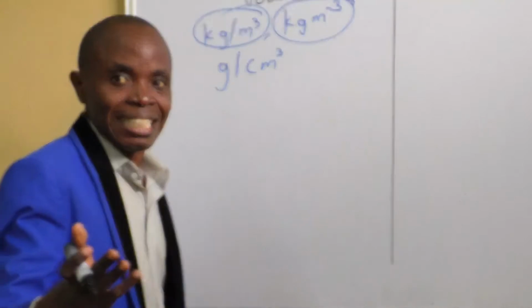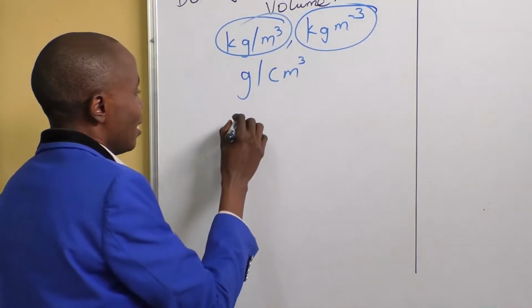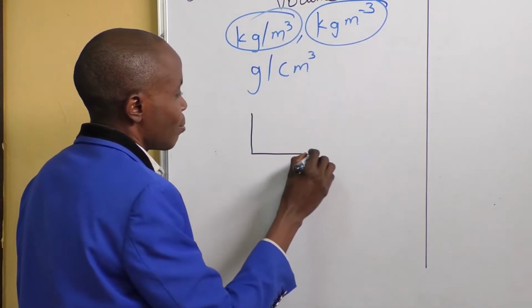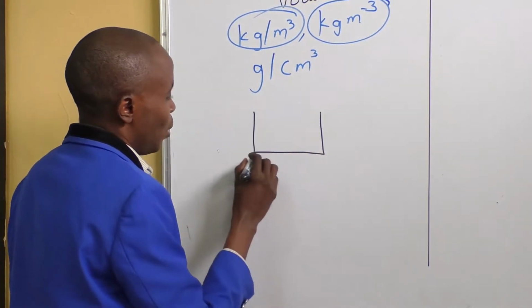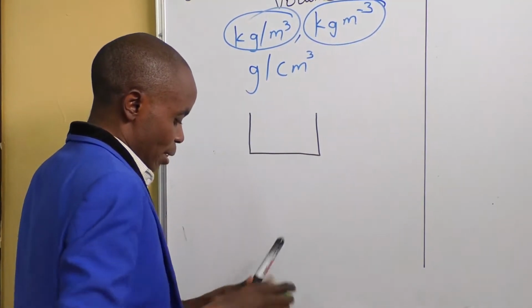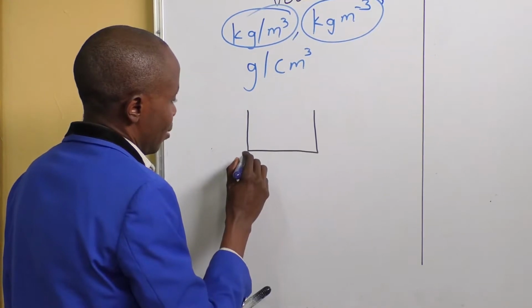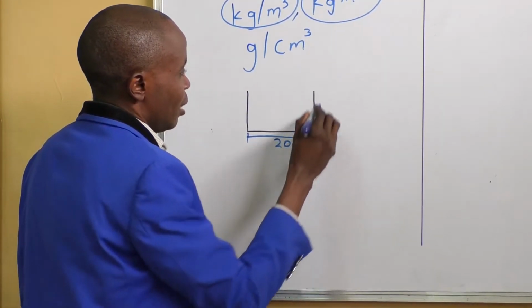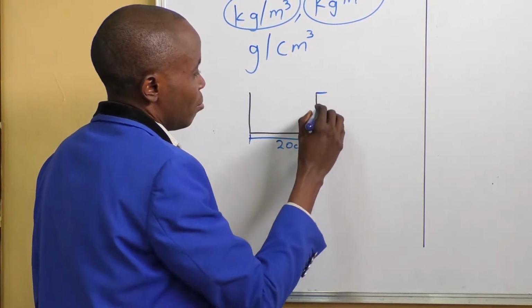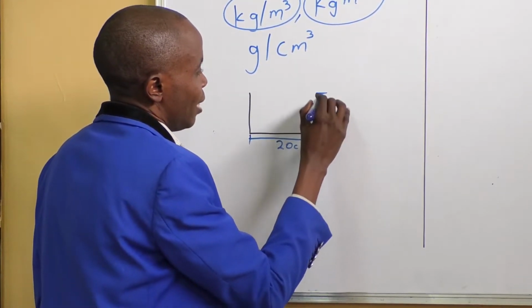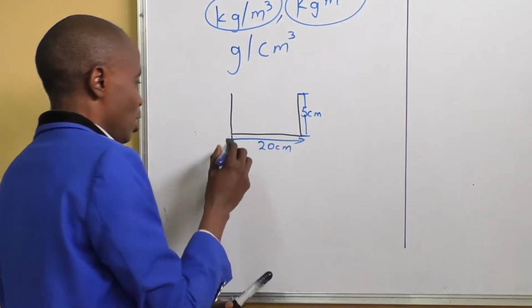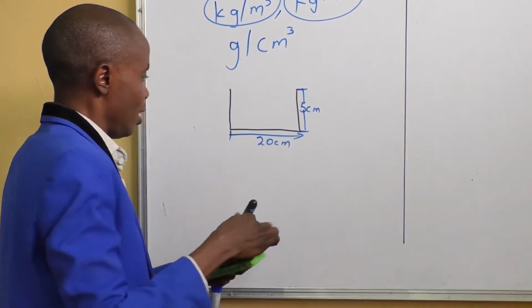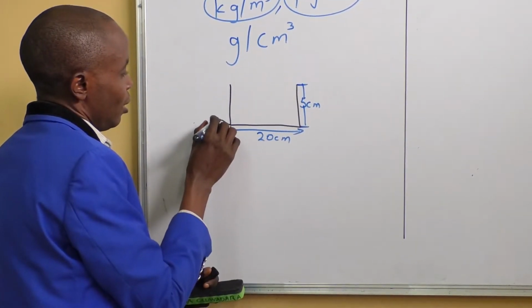So let's take a quick example. Let's take the dimensions of the box I gave earlier. Let's say the box is a very small box, with a breadth of 20 cm, a height of 5 cm, and then it has a thickness. I'm doing a one-dimensional drawing here, so let's try and make it a 3D drawing.